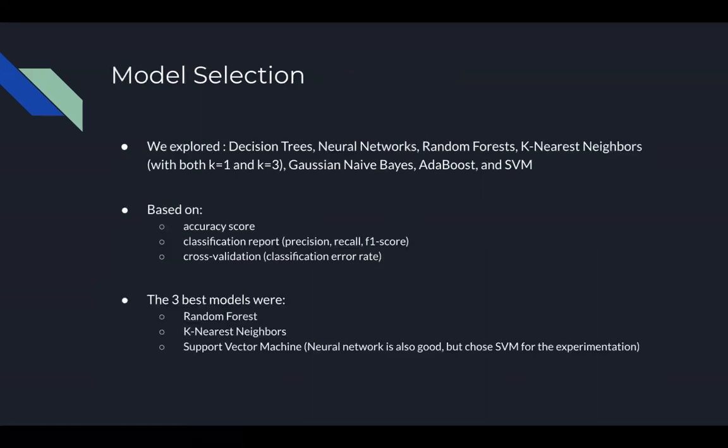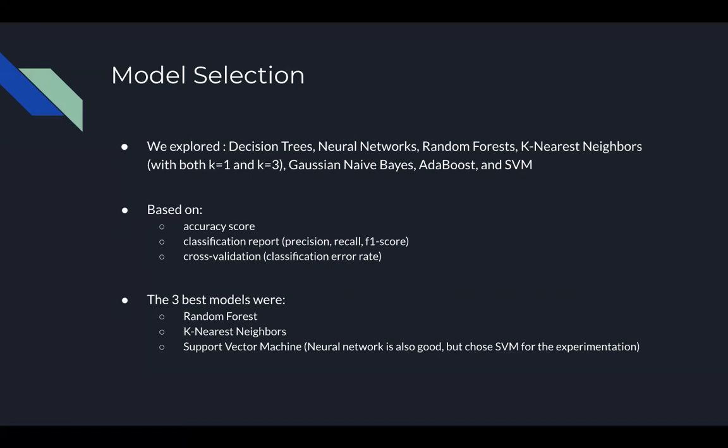So our initial step was to test a variety of classifiers to determine their performance. We explored decision trees, neural networks, random forests, k-nearest neighbors, Gaussian naive Bayes, AdaBoost, and support vector machines. After conducting extensive testing and evaluation, we narrowed down our selection to the top 3 models that demonstrated exceptional accuracy and low classification error rates.